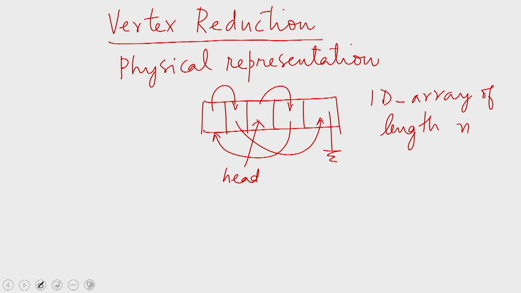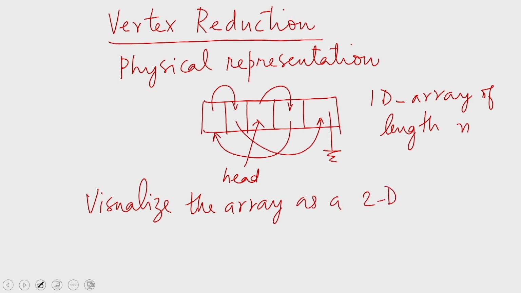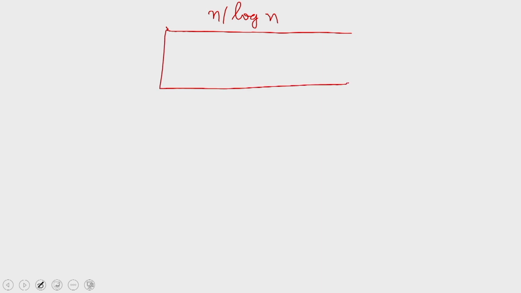This is the actual physical representation, but we can visualize this array as a two dimensional array. This is exactly as we did in the case of the optimal three coloring algorithm we saw in the last lecture, except that we assume the two dimensional representation that we have in mind has n by log n columns, and the size of each column is log n.